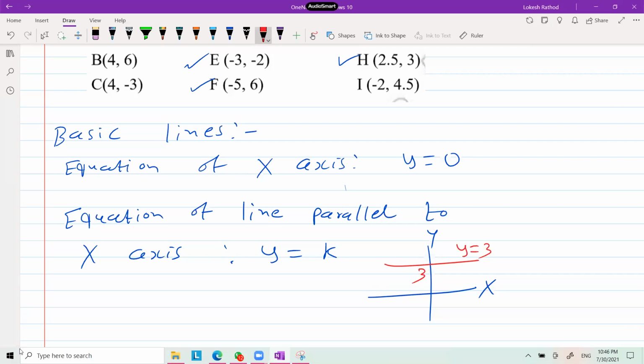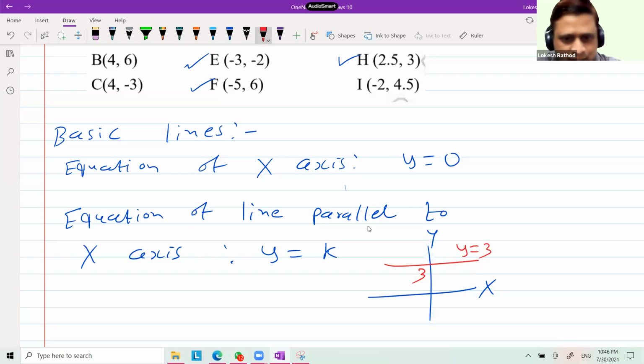Clear? I have a question. Yeah, tell me, what's the question? Equation of a line parallel to the x-axis, can it be undefined? No. Why should we say undefined? Because the number is unknown, it could be any number.